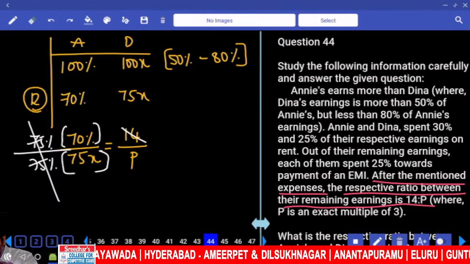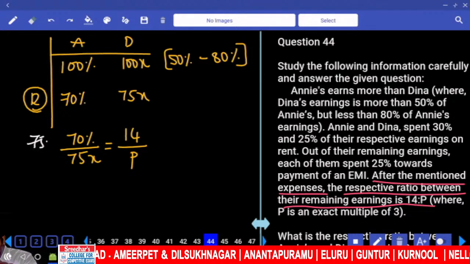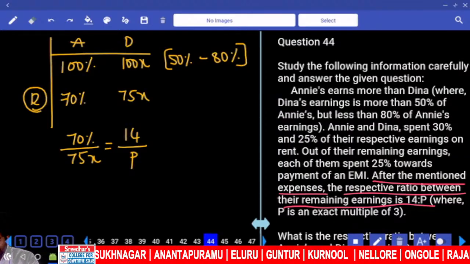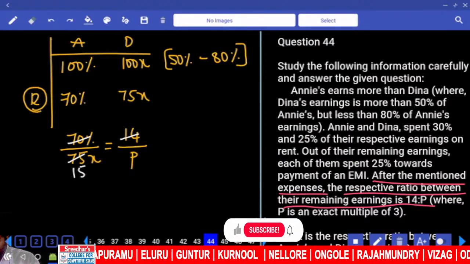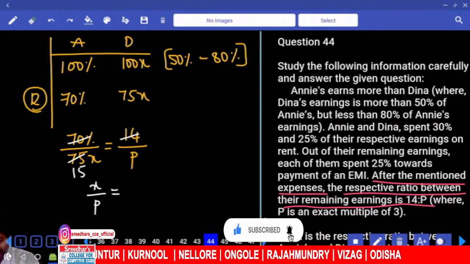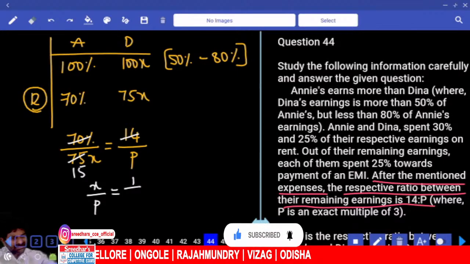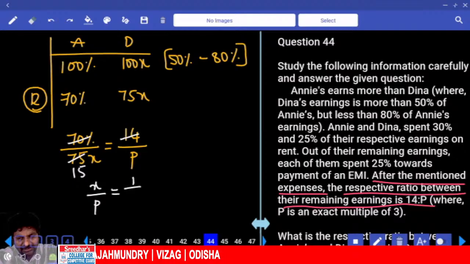Wait a minute, I'm removing these colors. Right. From this, 14 how many times? 5 how many times? 15 times. From this, x by p is equal to 1 by 15. Is what we did correct? 14 and then p. 75x. Fine.